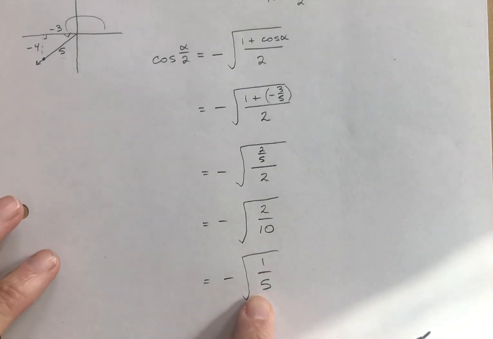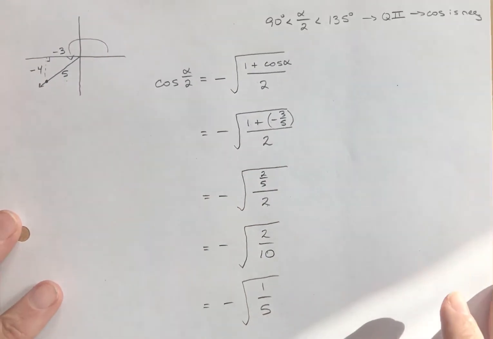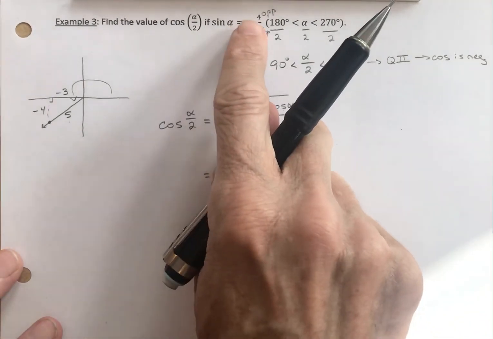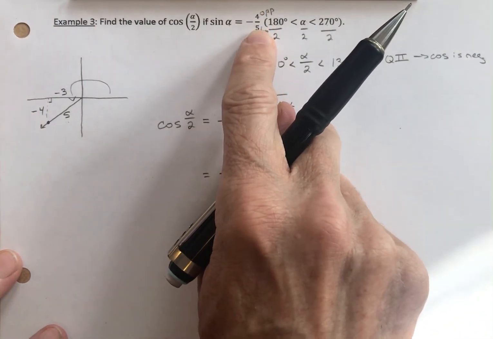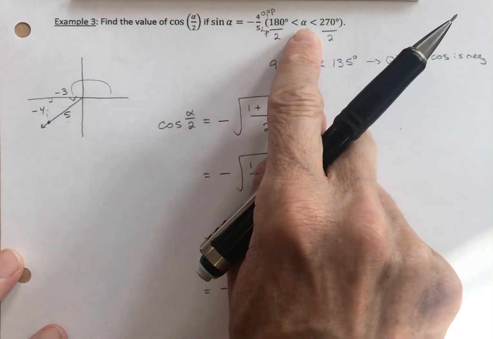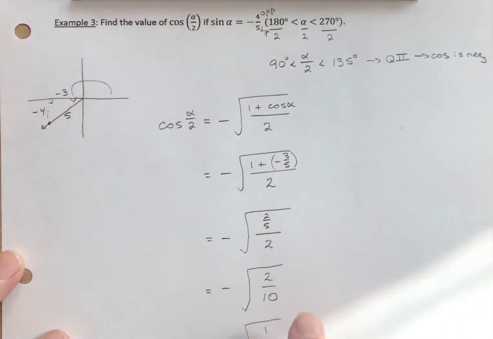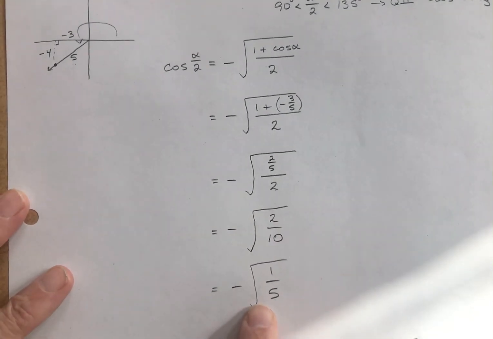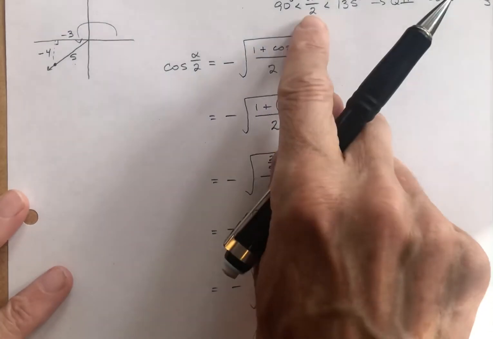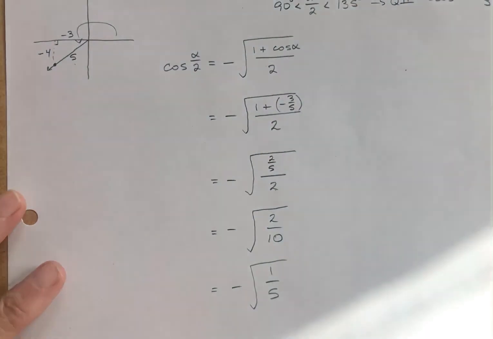And there's your answer. If the sine of alpha is negative 4/5, with alpha in quadrant number 3, the cosine of alpha over 2 is equal to the negative square root of 1/5, with alpha over 2, of course, in quadrant number 2.